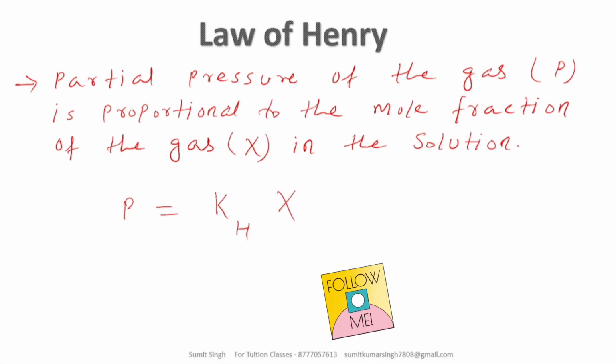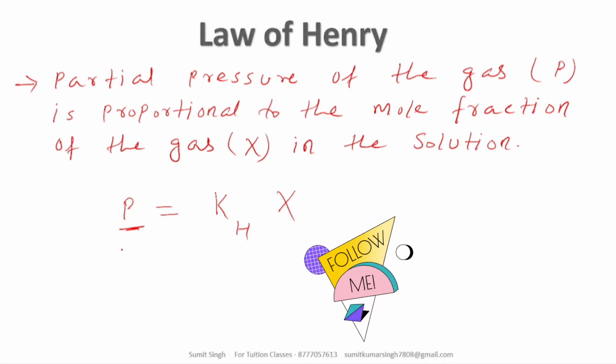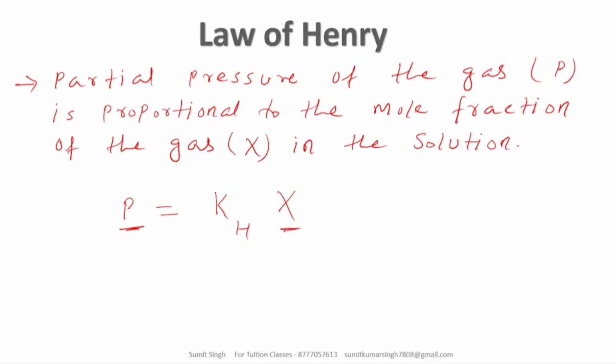It can be stated as the partial pressure of the gas in the vapor phase. Let's suppose this is P here, that is proportional to the mole fraction, represented by X here. One more thing, here this KH is Henry's law constant.